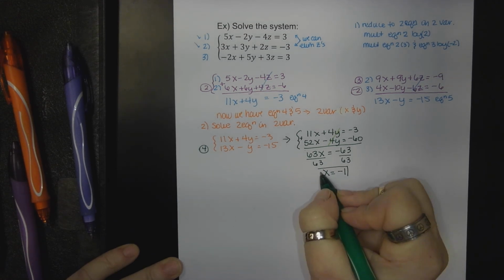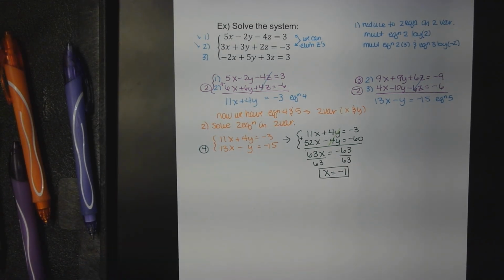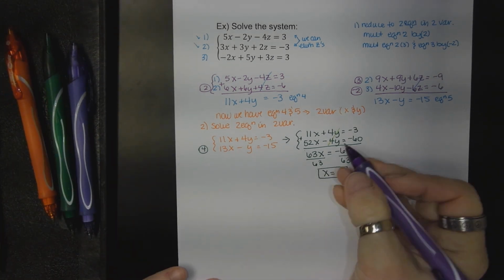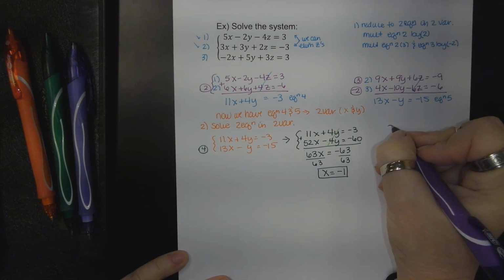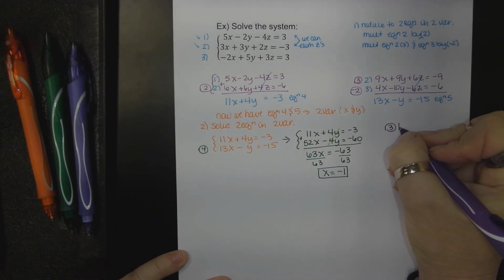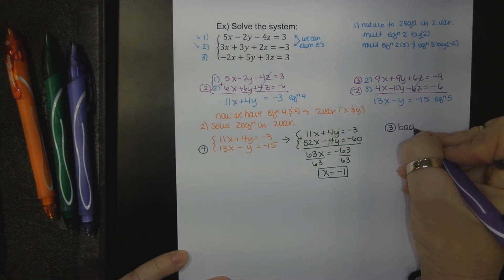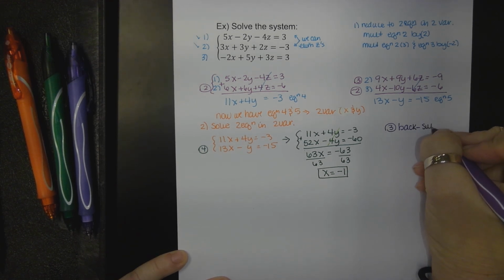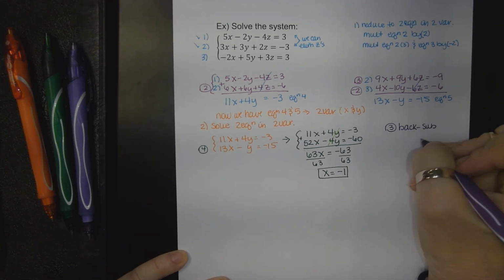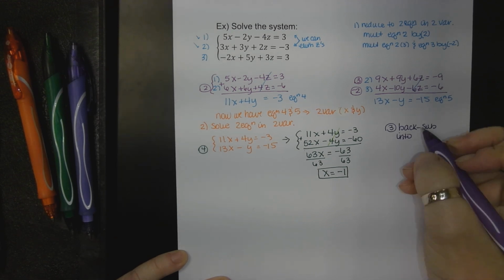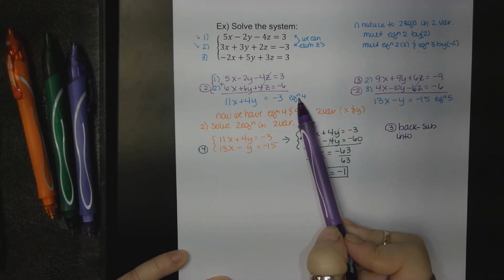Let's box this guy. Now, we're going to do step 3, which is where we back substitute or plug in. So we're going to back substitute into either 4 or 5.